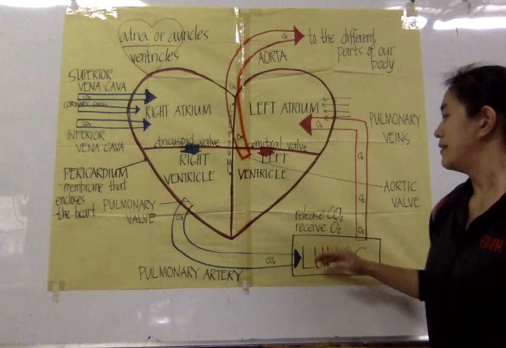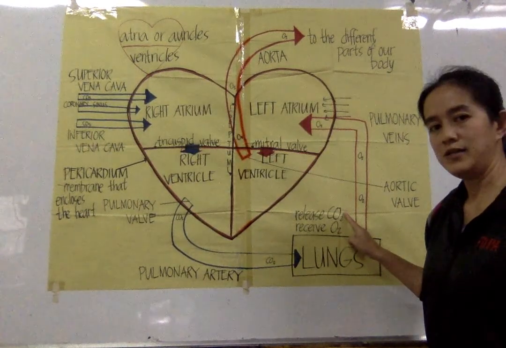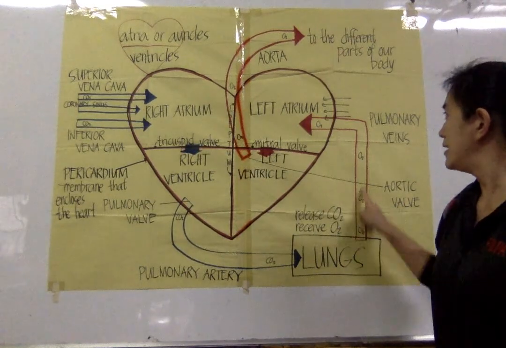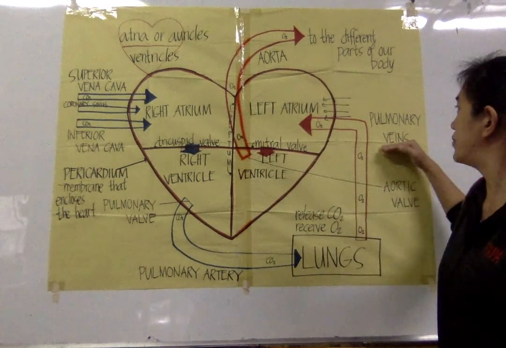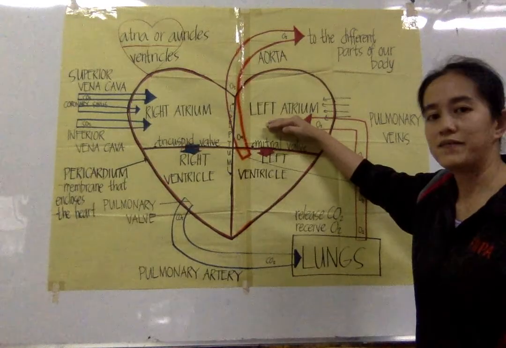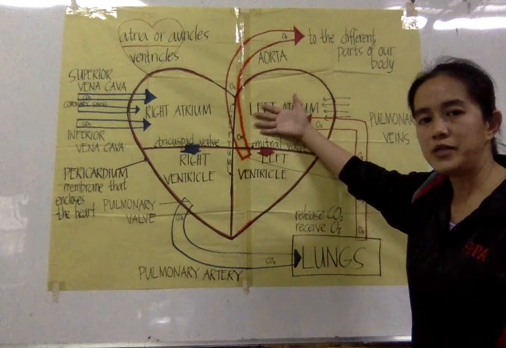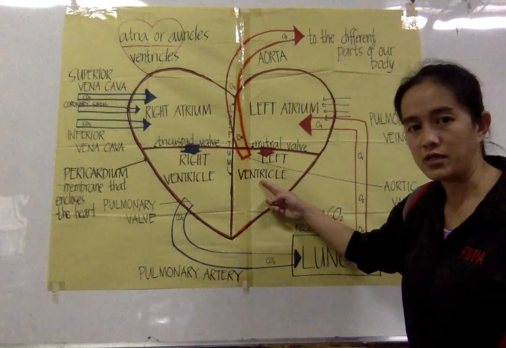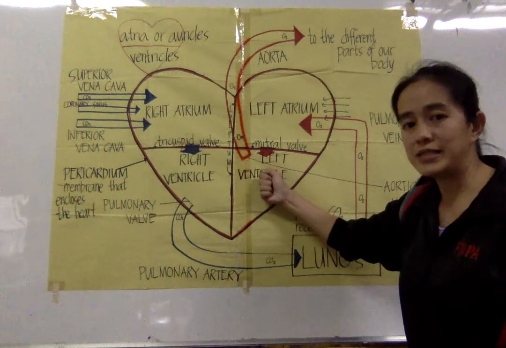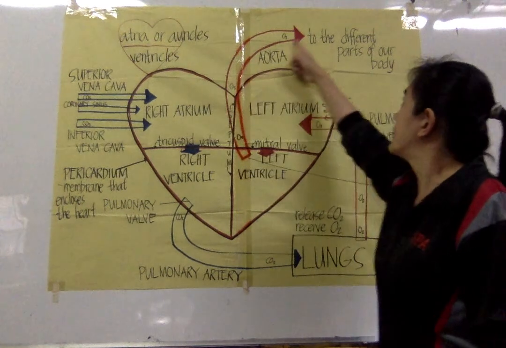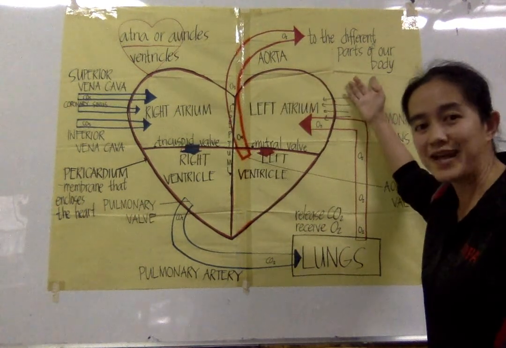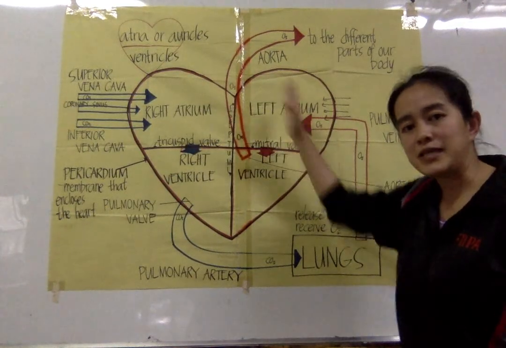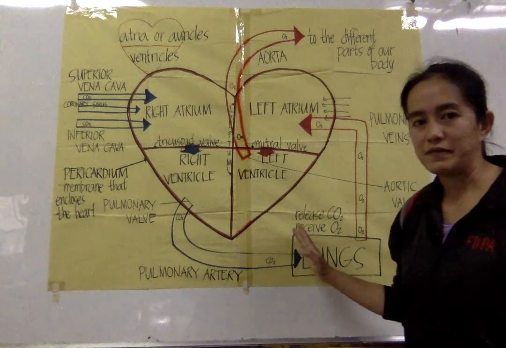In the lungs, the blood will release carbon dioxide and receive oxygen. Oxygenated blood will go back to the heart through the pulmonary veins to the left atrium. Left atrium contracts, blood will go down to the left ventricle. When the left ventricle contracts, the blood will go to the different cells in our body through aorta. And the process repeats itself.